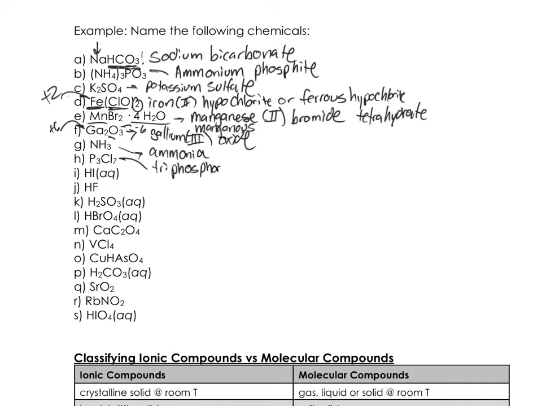Ah! Go away. There we go. Triphosphorus. And I have 7 of them, so that's heptachloride. Next, I have HI as an acid, so this is hydroiodic acid, right? Because it's iodide, we dropped the ide and added hydro to it.